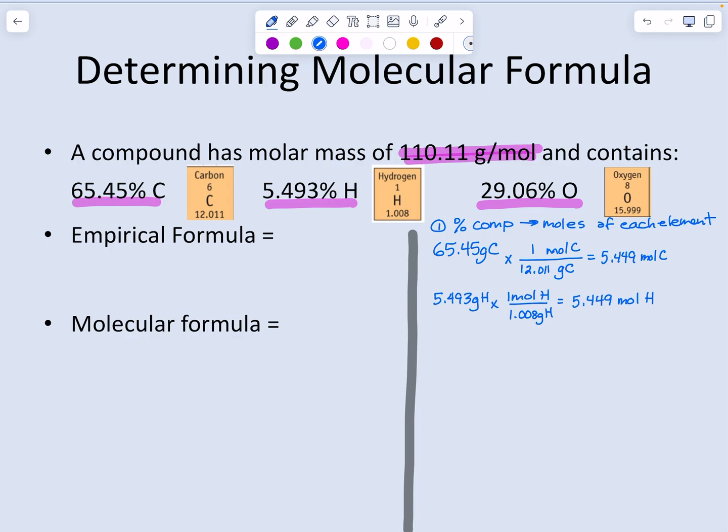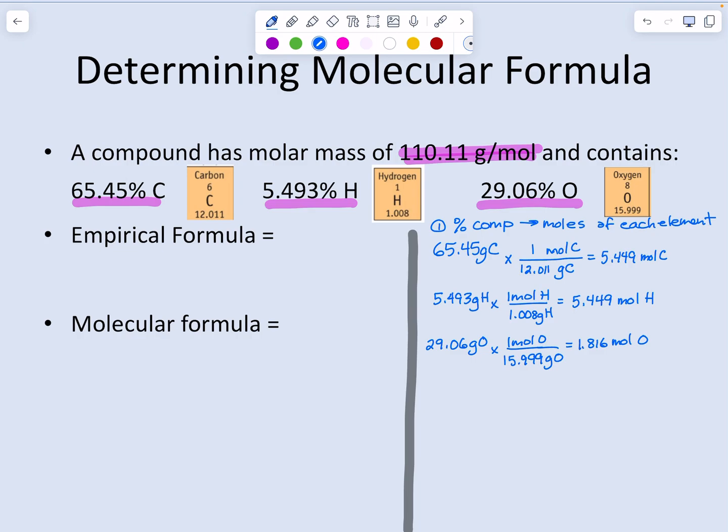All right. How about oxygen? What's the molar mass of oxygen? What is it? 15.999. So that comes out to be 1.816 moles of oxygen.